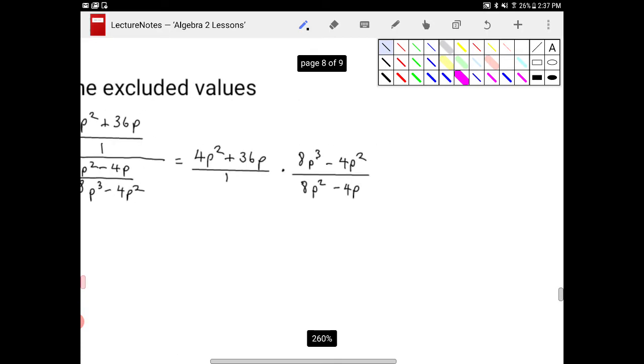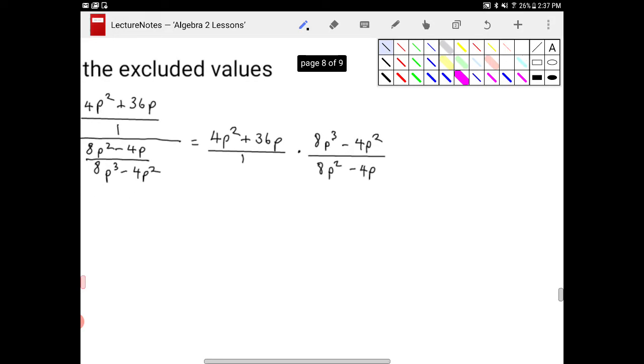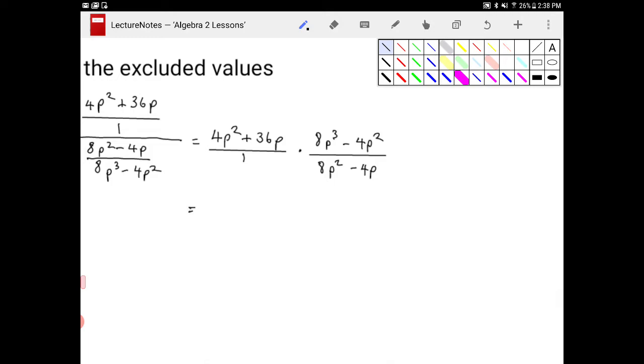Rather than just multiplying across and having to FOIL and do all that work, let's see if there are any common factors between the numerator and denominator. In the numerator of the first fraction, there's a common factor of 4p, and if I factor that out, I end up with p plus 9 inside the parentheses.